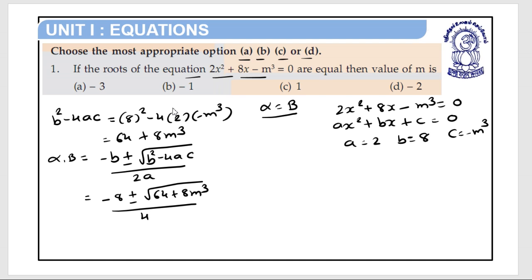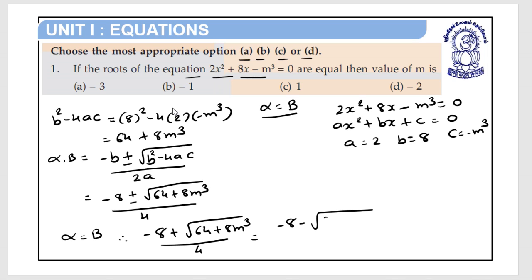Here alpha is equal to beta. So minus 8 plus under root 64 plus 8 m cube by 4 is equal to minus 8 minus under root 64 plus 8 m cube by 4.